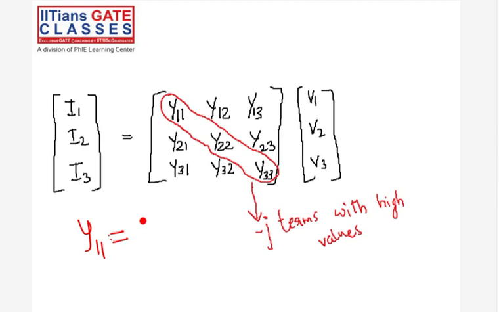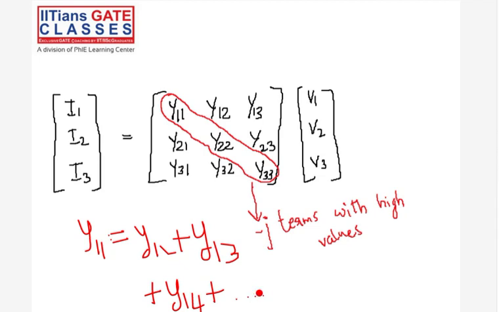It is the sum of y12 plus y13 plus y14. I am assuming that it is an n-bus system, right? Plus etc. plus y1n.